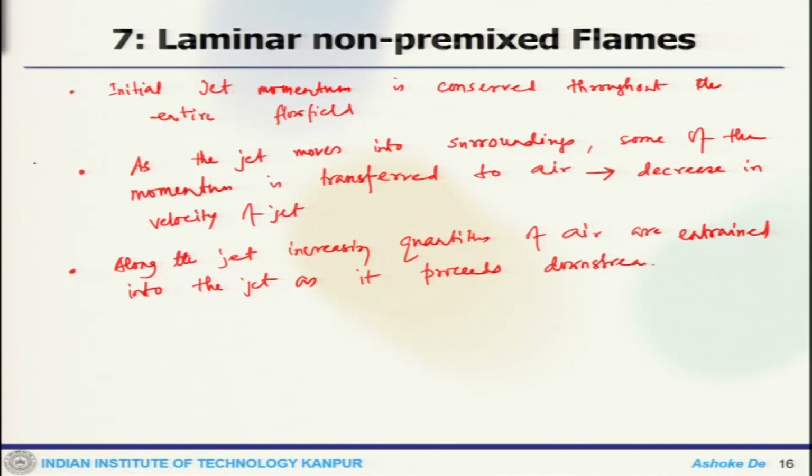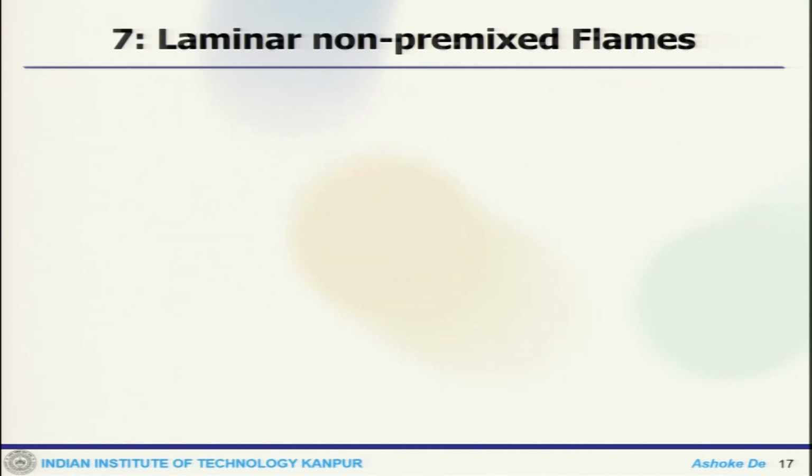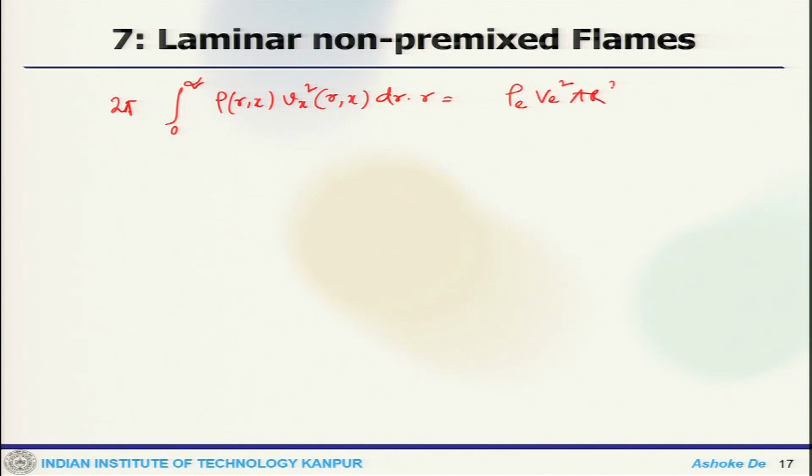Now, once you have this, you can mathematically express all these things using a simple mathematical expression that you can get from the momentum equation. So, one writes 2 pi integral from 0 to infinity of rho(r, x) v_x squared r dr equals rho_e v_e squared pi r squared.